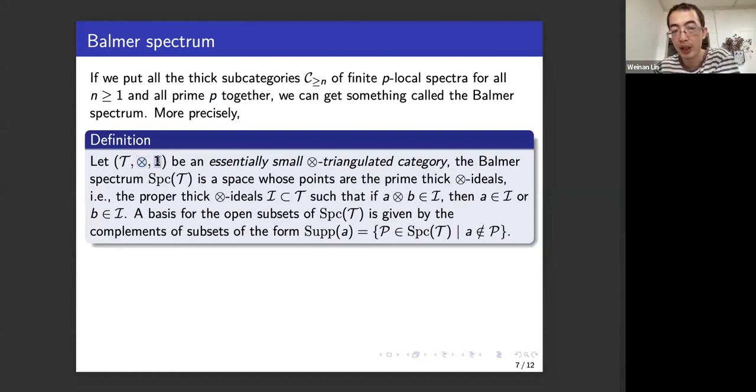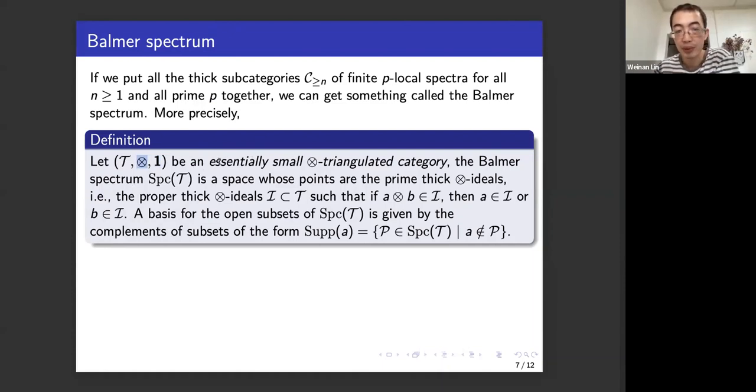And here you have a unit object that behaves like the unit in a ring. If you take the tensor product of the unit object with another object, it's isomorphic to that object. And we have some coherence diagrams about the properties of the tensor product, like associativity, commutativity, etc.